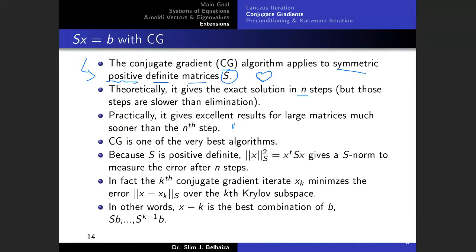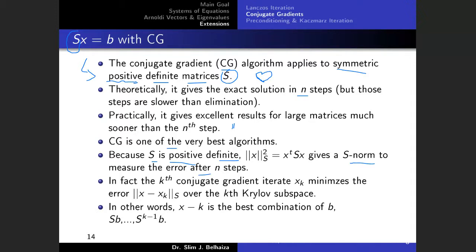So CG is one of the very best algorithms, in fact, when it comes to solving linear systems with positive definite matrices S. Okay, so this is a particular case of the Lanczos algorithm. And because S is positive definite, in fact, we can compute what we call the S norm to measure the error after n steps.